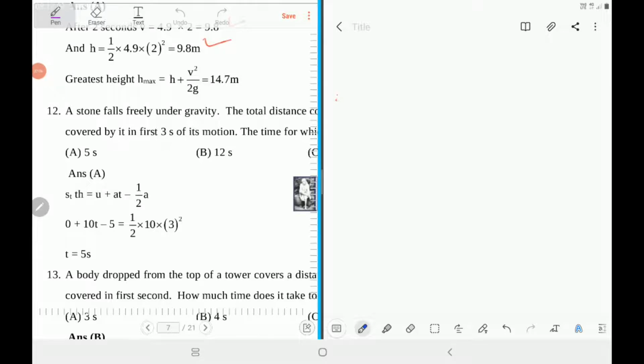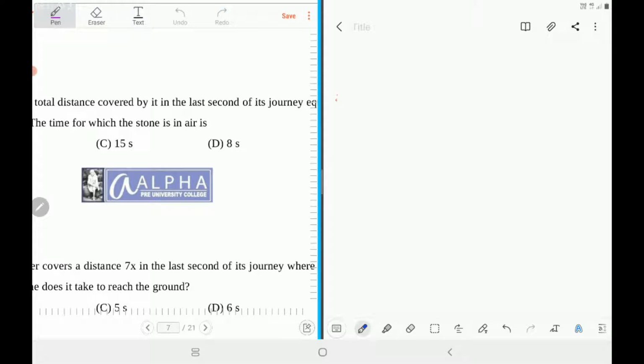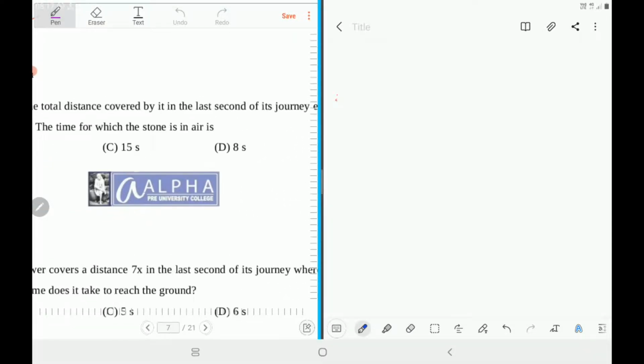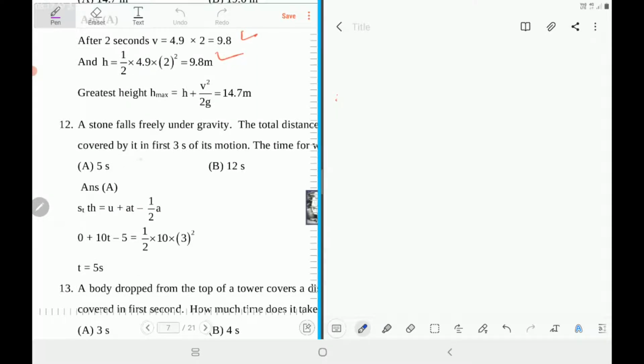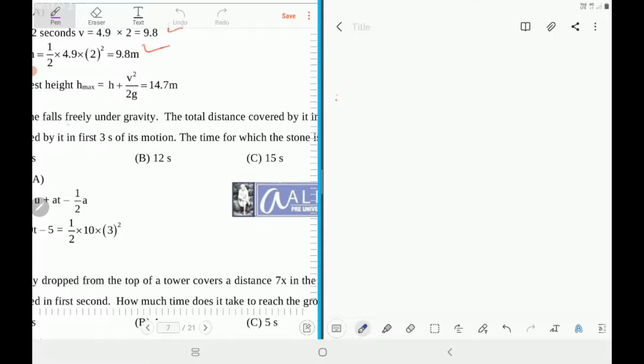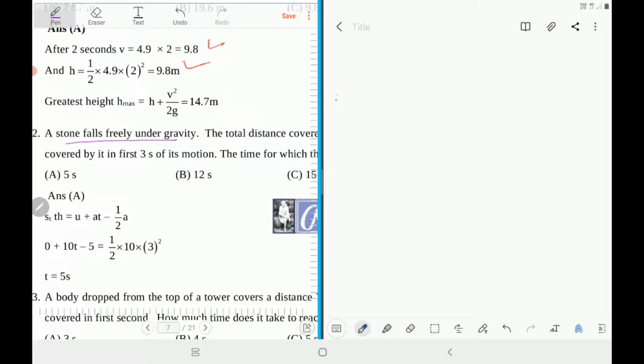Now let's see a similar one, students. Question number 12 here in our list. A stone falls freely under gravity. Total distance covered by it in the last second of its journey is equal to distance covered by it in the first 3 seconds. Look here. What does it say? Body falls under gravity freely.